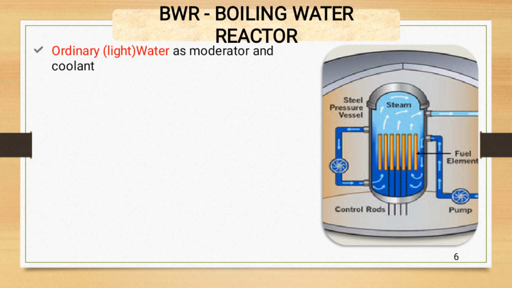First of all, there are boiling water reactors. Boiling water reactors use ordinary water as moderator and coolant. Moderators basically work by maintaining the heating process. They slow down the fast moving neutrons and efficiently control the nuclear reactor.